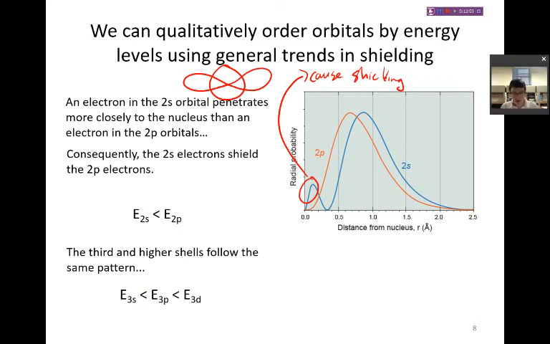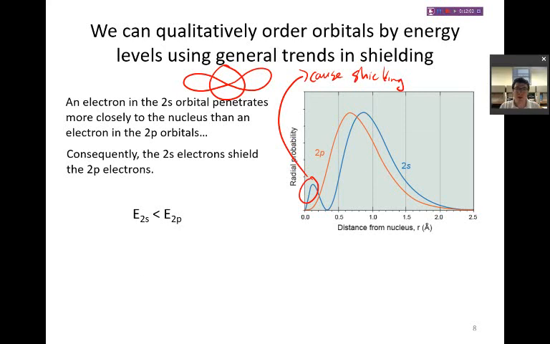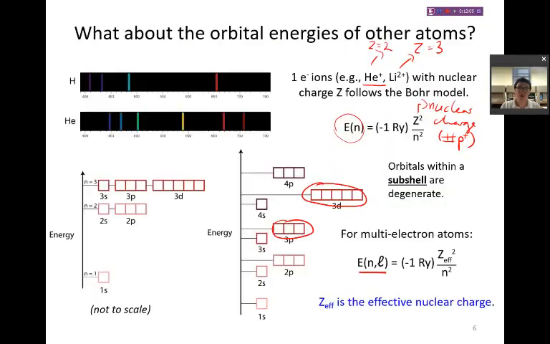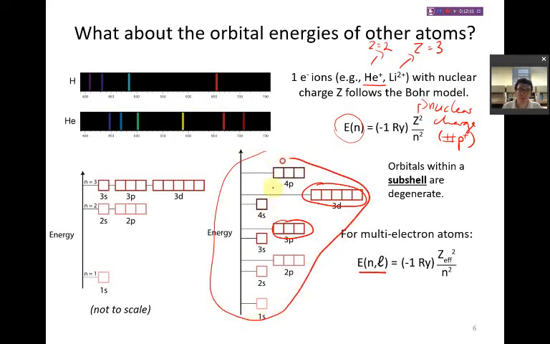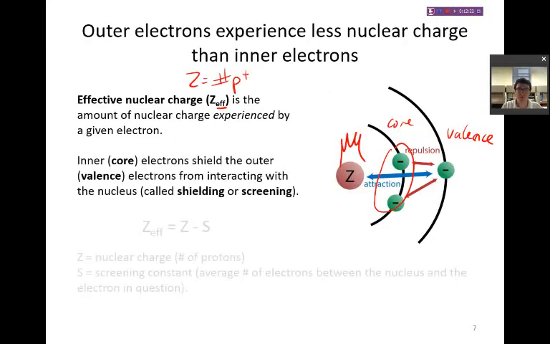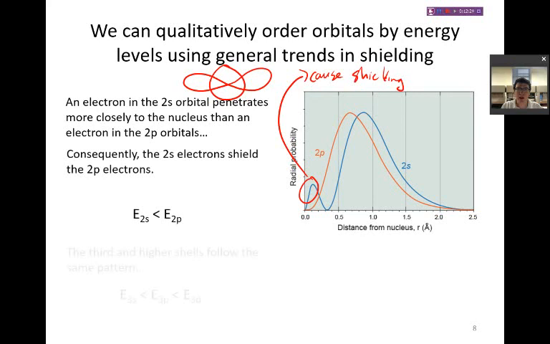And that gives us the total splitting that we saw earlier. As is depicted, we have increasing energy as our L quantum number increases.